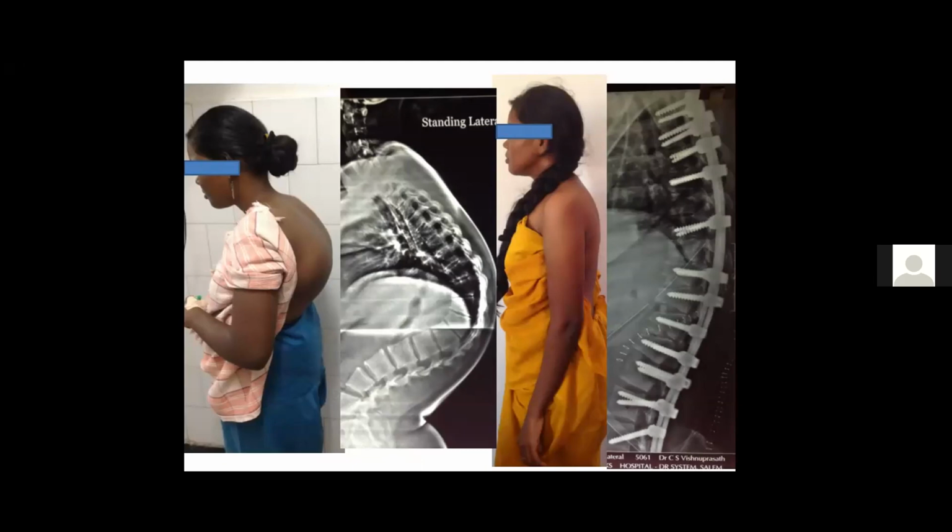So nowadays, the papers are more shifting towards correction if the curve is beyond 80 degrees. And they advise to do a soft landing in the upper UIV segment. Soft landing in the sense hooks or other angles.